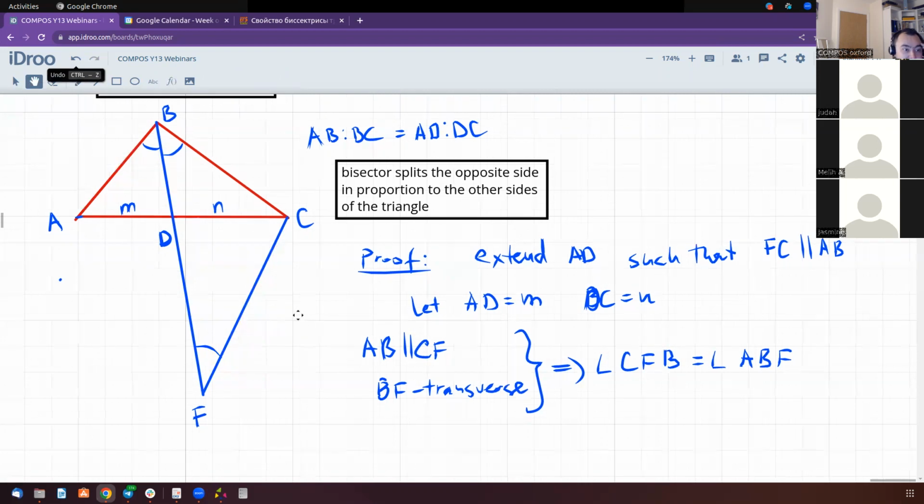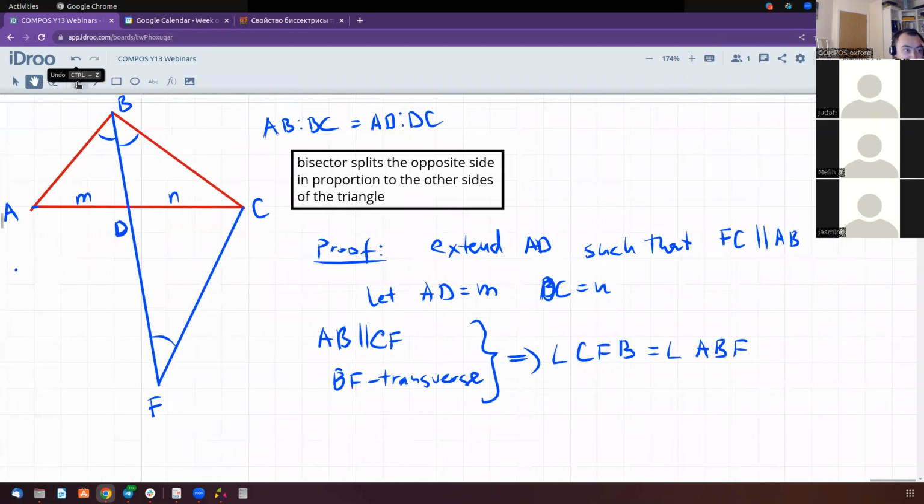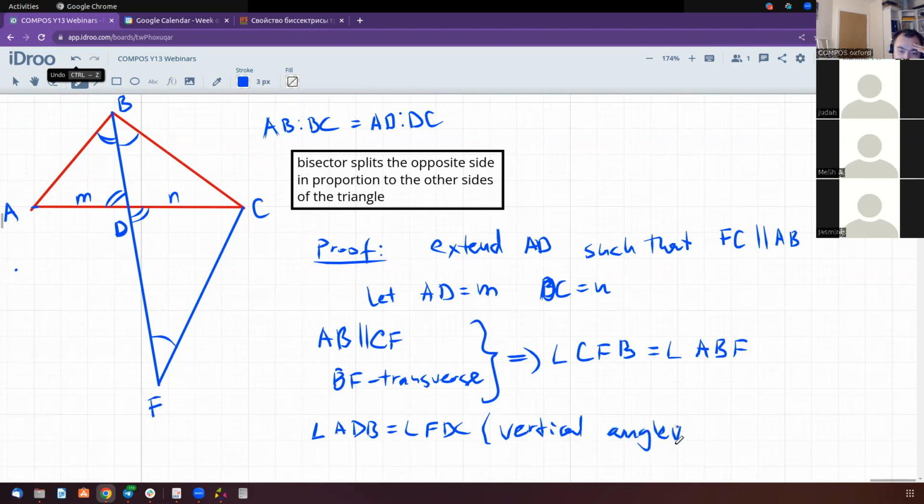Also, these two angles are the same. These are vertical angles. Angle ADB is equal to angle FDC, vertically opposite angles.